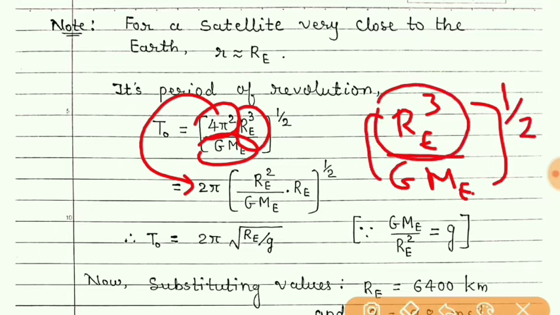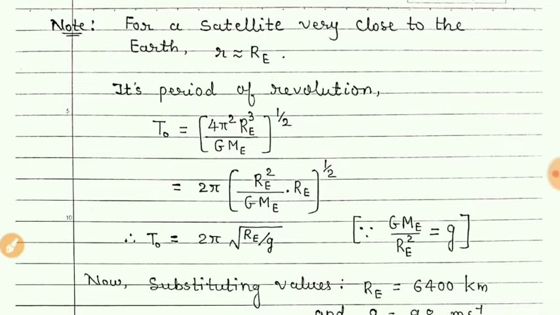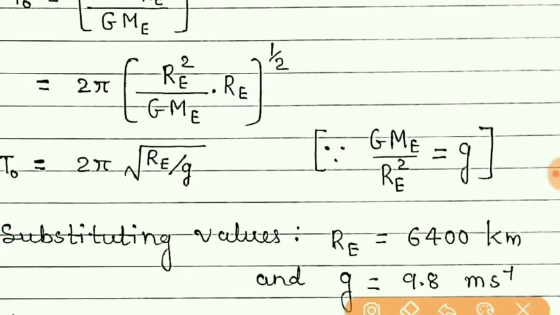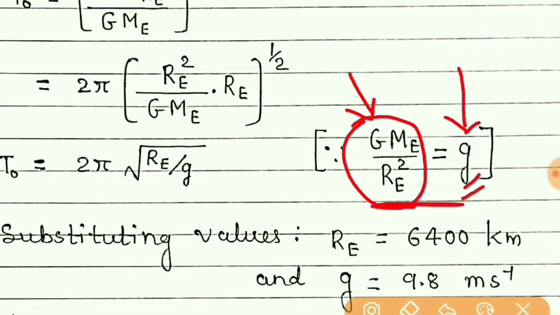Now this Re cube can be written as Re square into Re, and this GMe as it is. Now why have I written this in this way? It is because in the next step we know that GMe upon Re square is nothing but the acceleration due to gravity, small g, equal to capital G Me upon Re square.